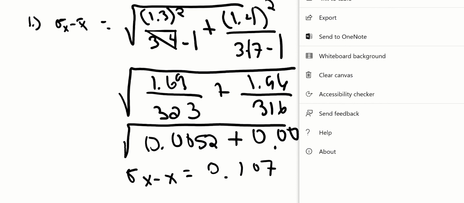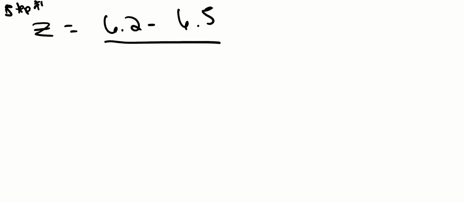The next thing we need to do is plug that into our z-obtained formula, which is step 2. The mean of sample 1 was 6.2, and the mean of sample 2 is 6.5, and we're going to divide by what we got in the first step, which is 0.107.